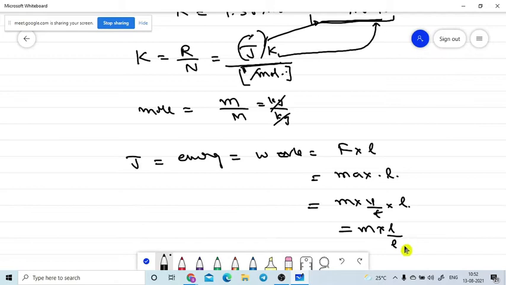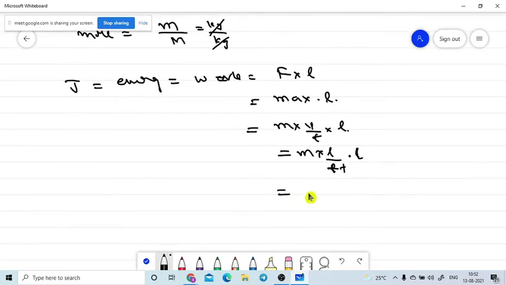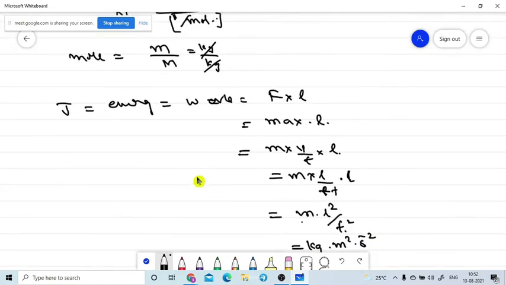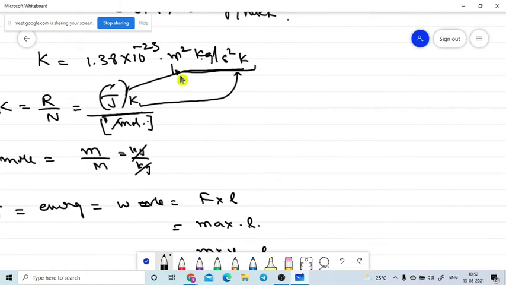Velocity is length by time, so we get mass into L square divided by T square. Mass means kilogram, length means meter square, time means second power minus 2. Yes, it is balanced.